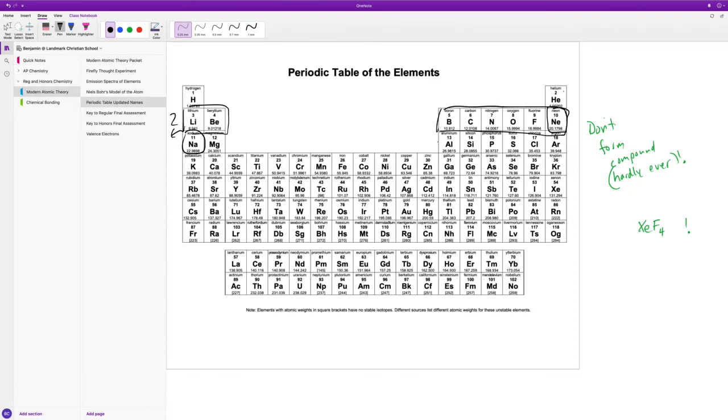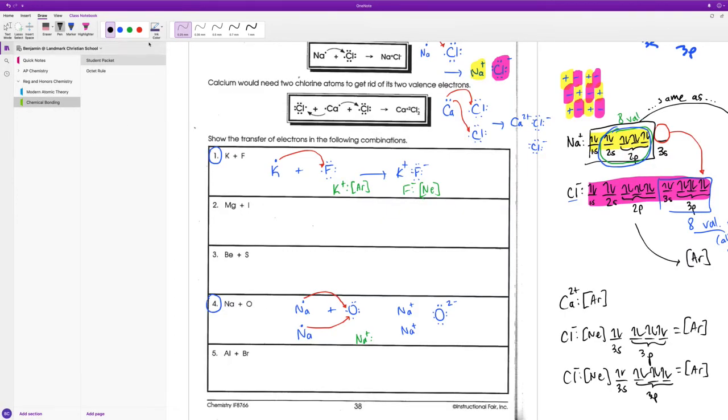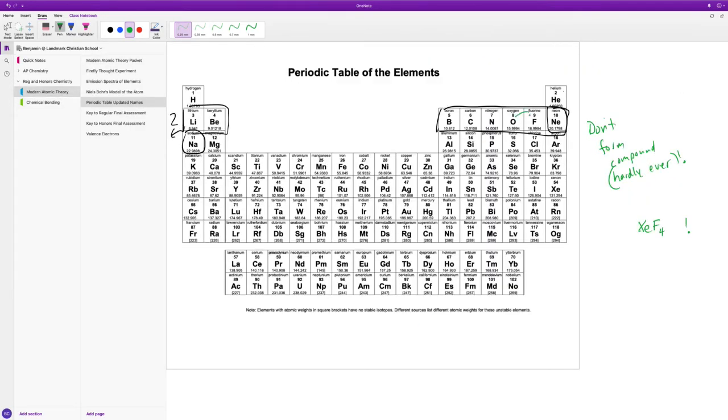That's where the octet would come from. So sodium ion is like neon. Okay? So each one of those is now like neon. This one and that one. What about oxygen? So as soon as oxygen gains 2 more electrons, it's also become like neon.